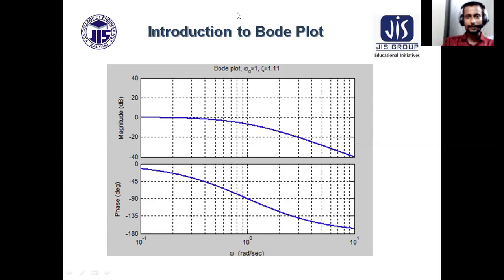So for the first case, we could get the variation in magnitude of the transfer function with respect to the variation in frequency. Similarly, for the second case, we could get the variation of phase angle with the variation in frequency.